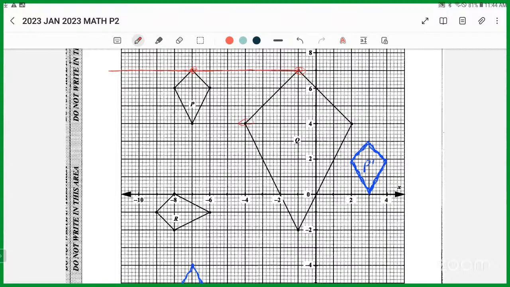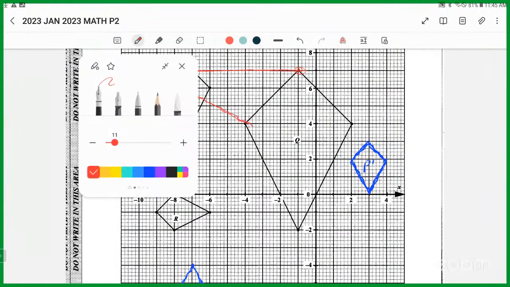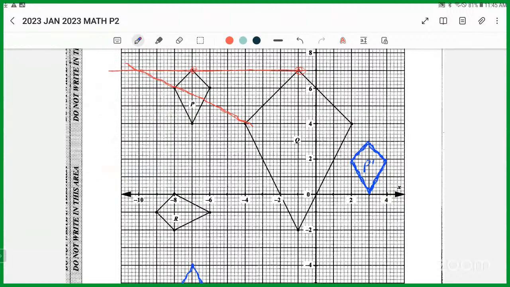And this point and this point correspond as well. So use the ruler and draw a straight line through them again, project it back. It's telling me that the center of the enlargement is right here.